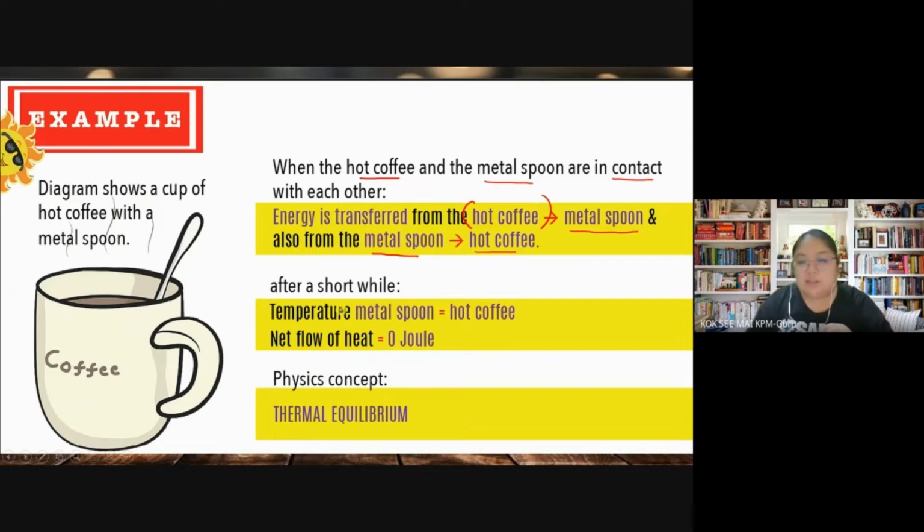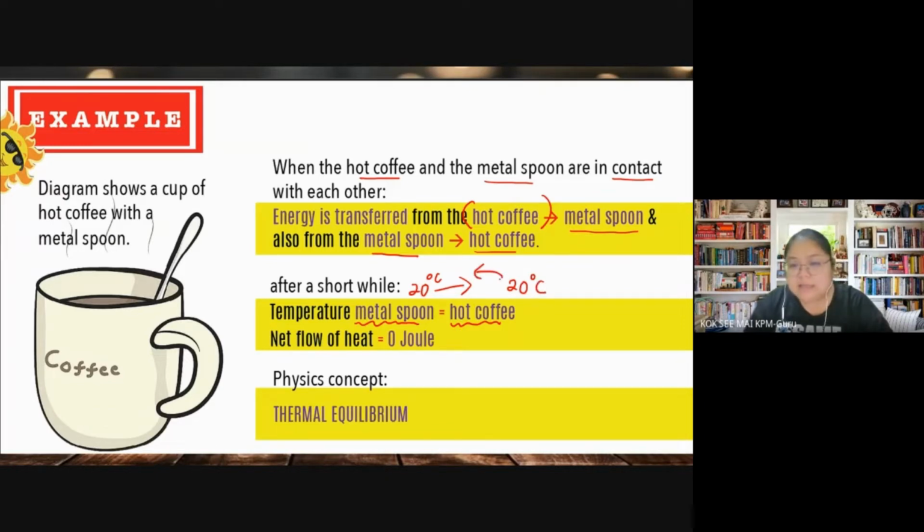After a short while, you find the metal spoon temperature and the hot coffee temperature are the same. For example, say 20 degrees Celsius from the spoon going to the hot coffee. Then finally the hot coffee is also 20 degrees Celsius, going from the hot coffee to the spoon.